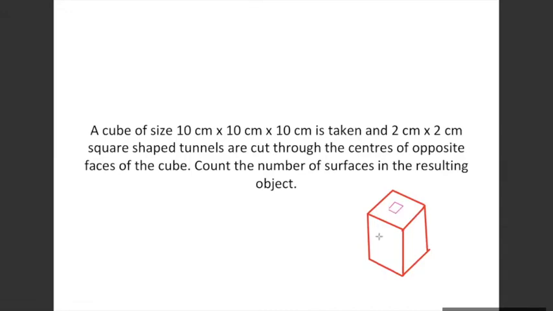There will be another tunnel of 2 by 2 centimeters being made here. And then there will be another tunnel of 2 by 2 being made here. Now, since it's a tunnel, this will be going straight ahead.